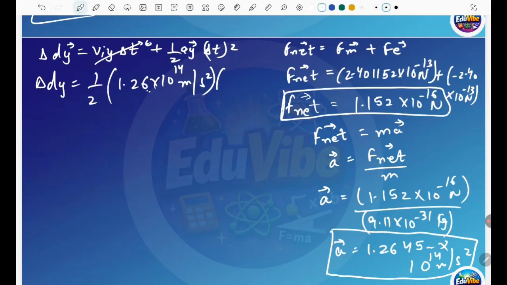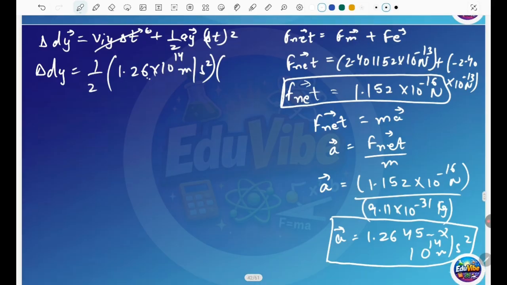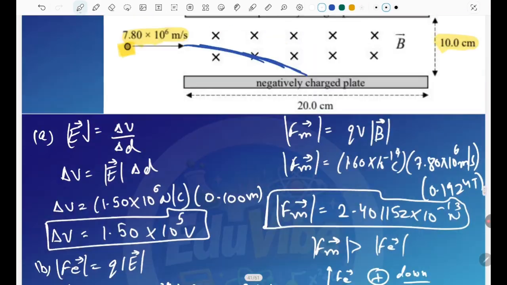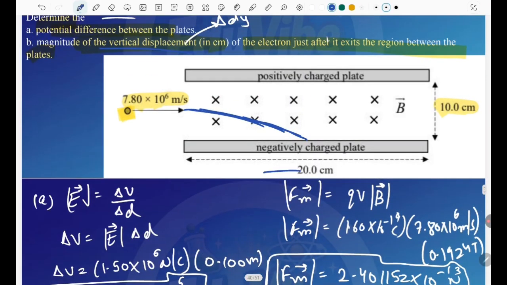Now we have to find delta t, or time. So we know delta t is equal to delta dx upon vx, because we have a velocity of vx and we have a delta dx. Delta dx is this whole thing. Because of this, we have the time, and the time for delta dy stays the same for both sides.